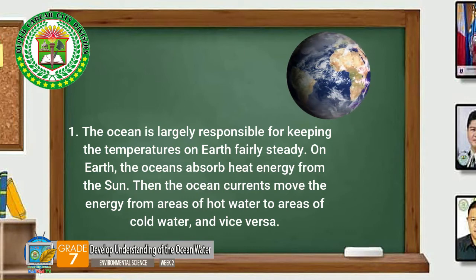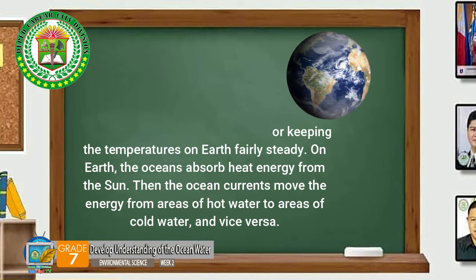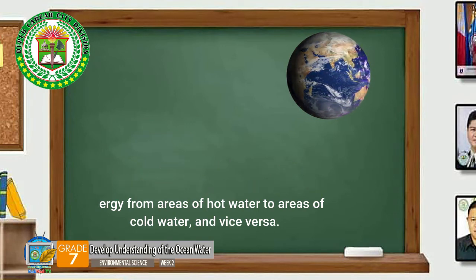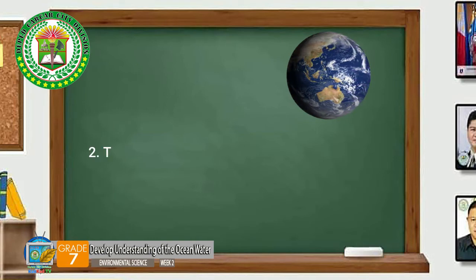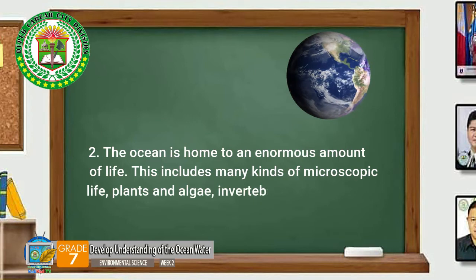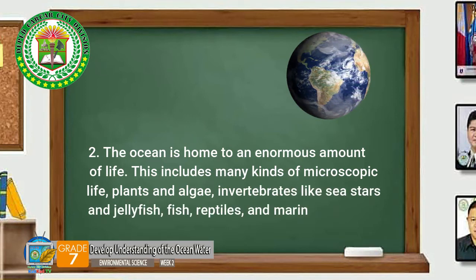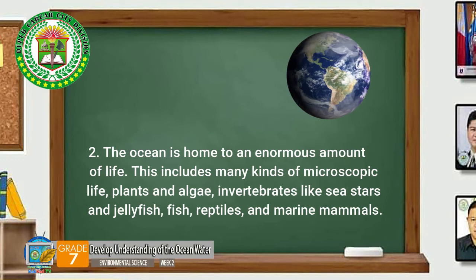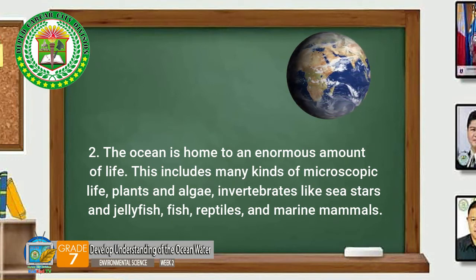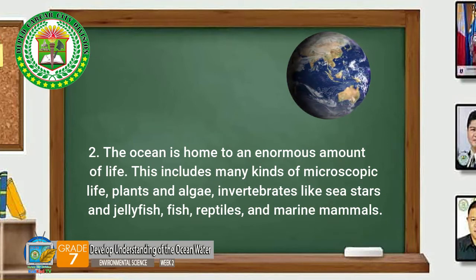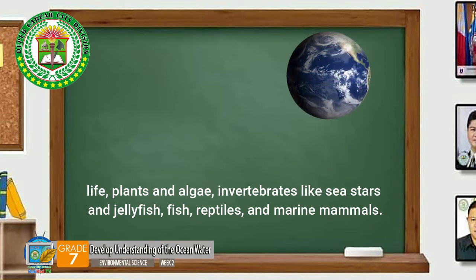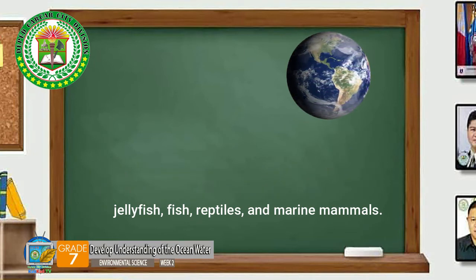Then, the ocean currents move the energy from areas of hot water to areas of cold water and vice versa. Second, the ocean is home to an enormous amount of life. This includes many kinds of microscopic life, plants and algae, invertebrates like sea stars and jellyfish, fish, reptiles, and marine mammals.